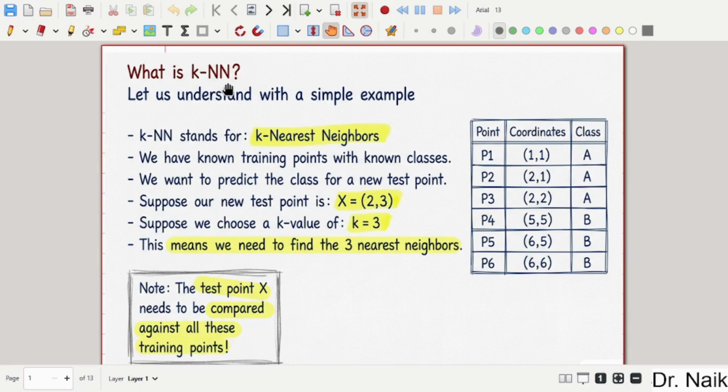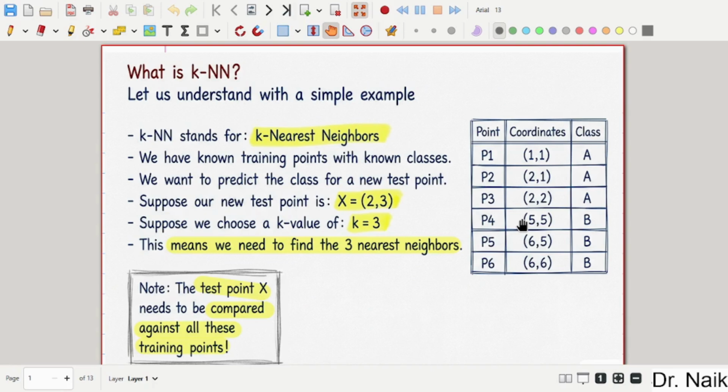Now let us look at our classification problem. Suppose we have two classes, class A and class B, and we already have several training points. Each training point has coordinates and we know the class of each training point.